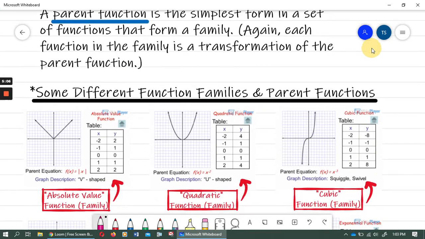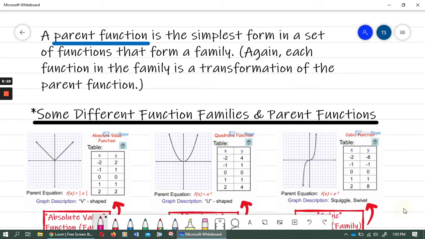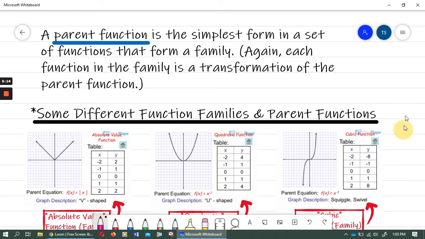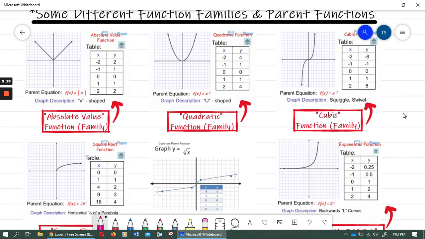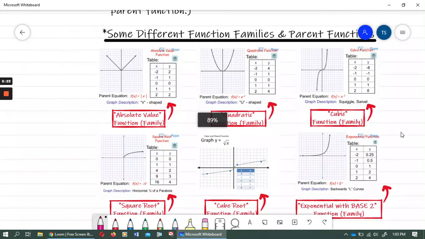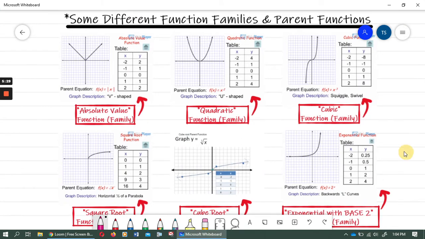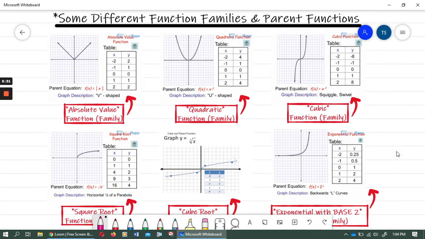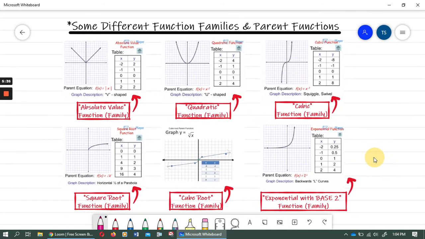All right, so guys, since we're talking about parent functions, the simplest form in a set of functions that form a family, we need to make sure that you guys really know some stuff about some parent functions.